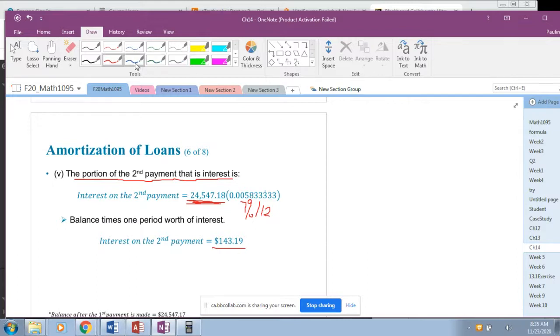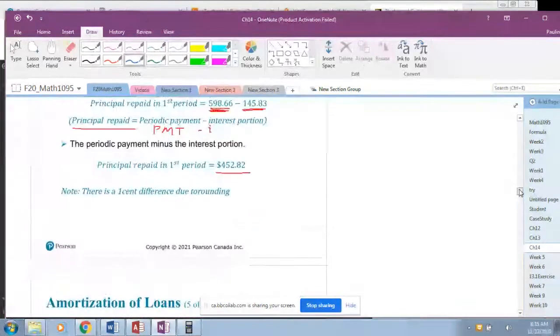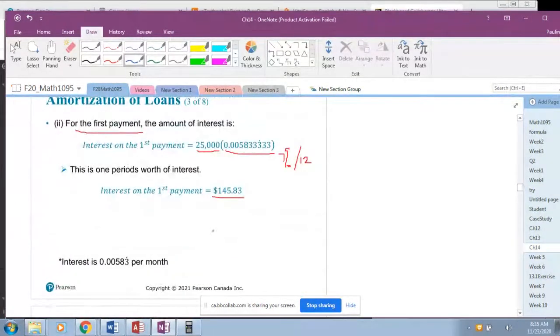Now, if you compare the interest for the second payment, $143, with the interest for the first payment, $145.83, what did you find? Did you find the interest is decreasing from $145 to $143?